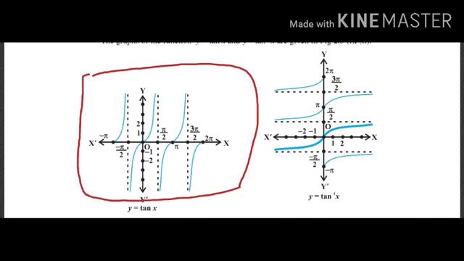Similarly, we will make the graph of tan x. Like you can see here, the graph of y equal to tan x is already there, and as we have made the graph of tan x, similarly we can make the graph of tan inverse x. We just have to interchange the position of the x-axis and y-axis.